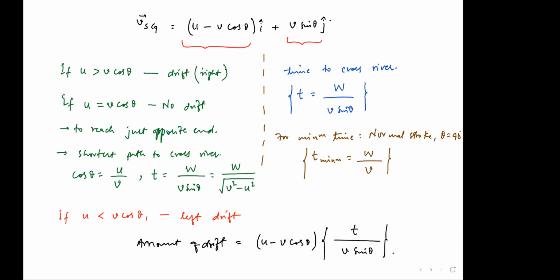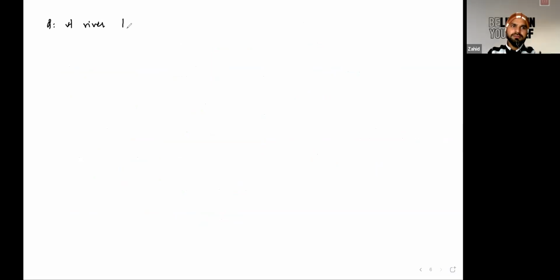A river 1 kilometer wide is flowing at 5 meters per second towards east.